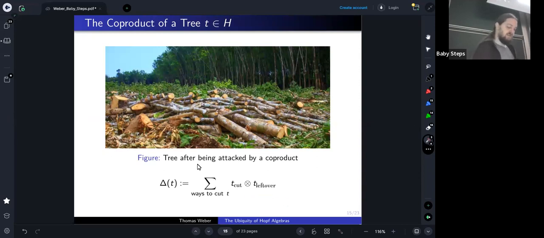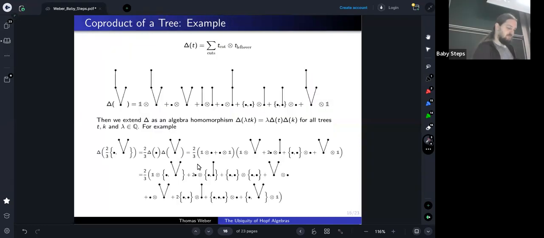So let's see this in an example. Here's the formula, and let's apply the coproduct on this tree here. So, all possible cuts. First, the most lazy cut is the non-cut. We don't cut and leave all of the tree.